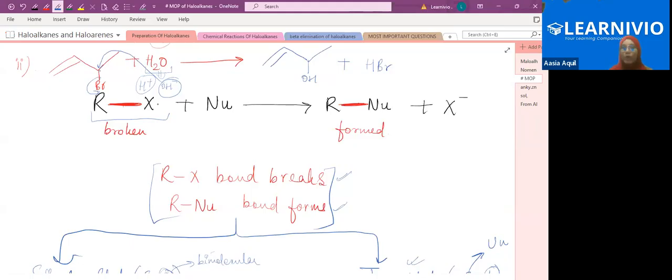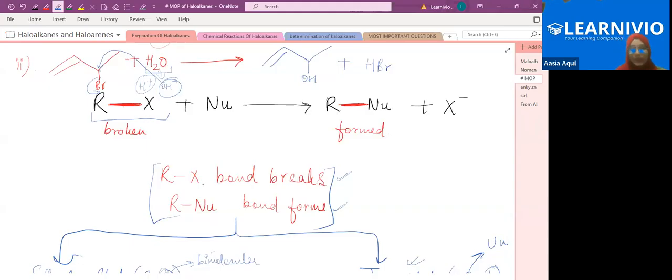This breaking of bond and formation of bond can sometimes take place in a single step, and sometimes in two steps. Accordingly, there are two types of reaction: SN1 and SN2, right?